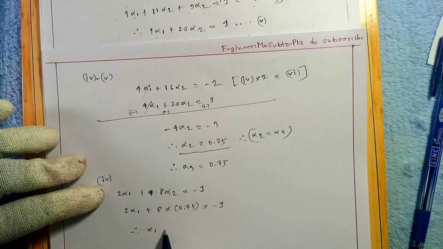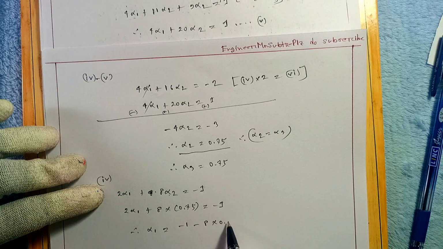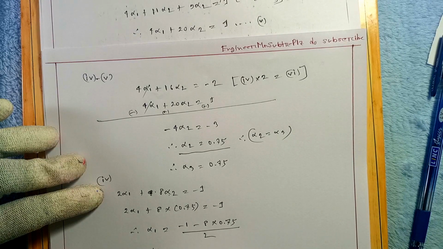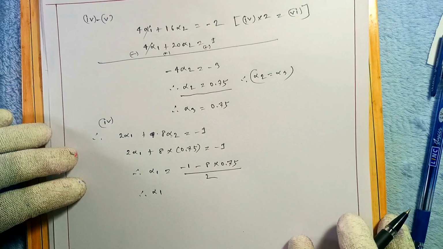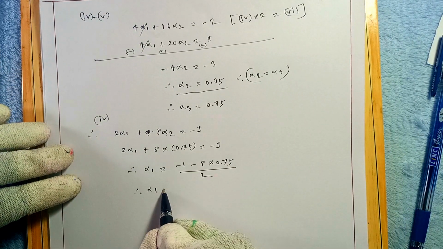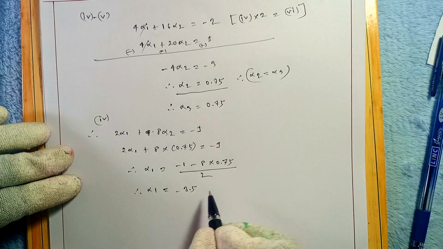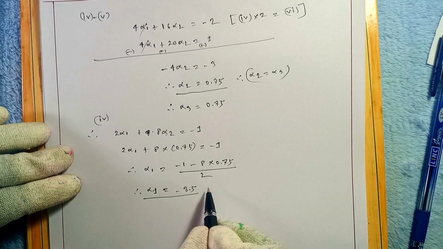So alpha 1 will be minus 1 minus 4 into 0.75, divided by 2. So the value of alpha 1 will be minus 3.5.